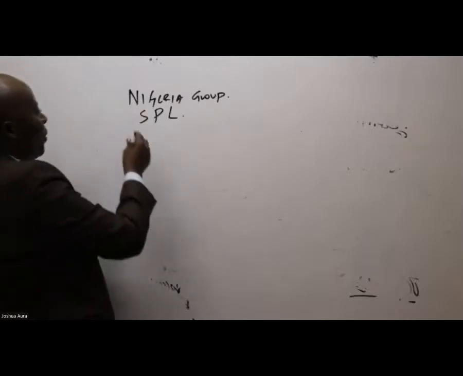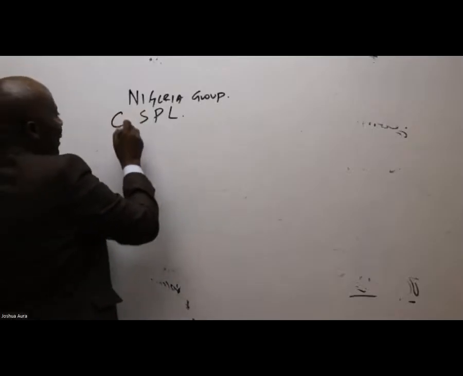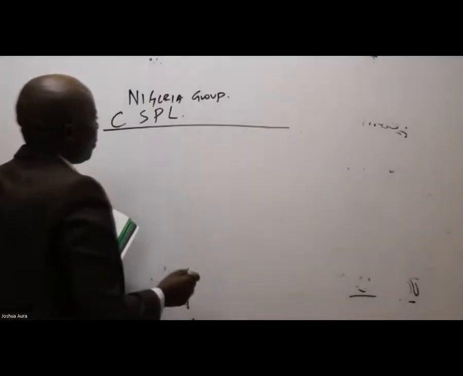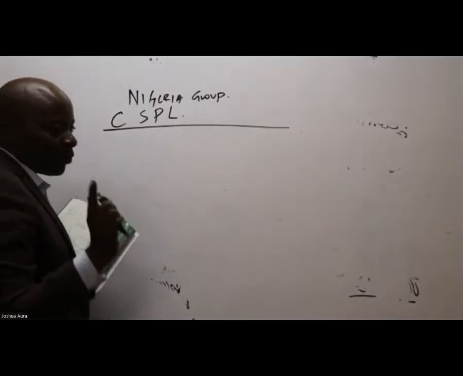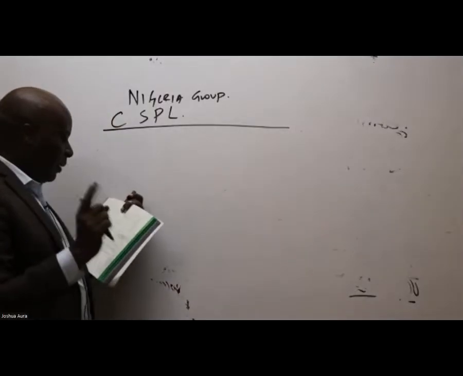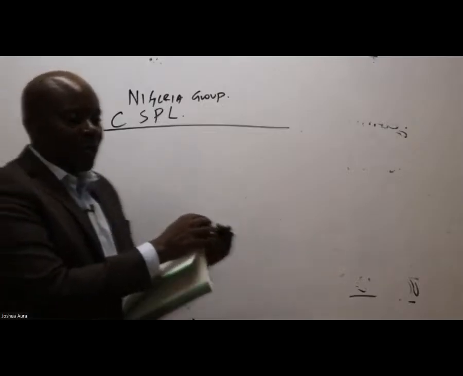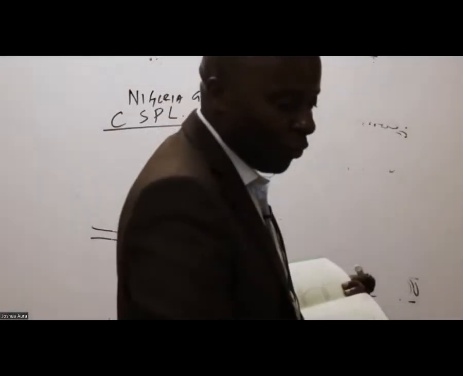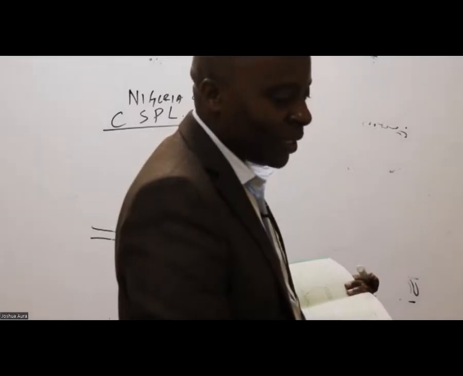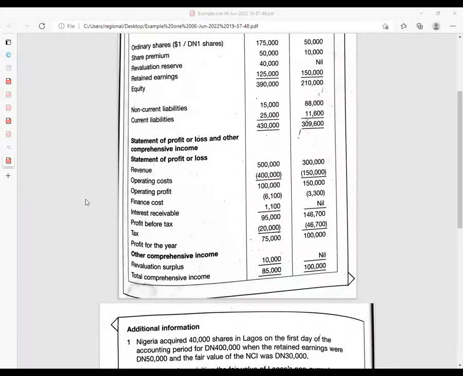Remember, this is the consolidated statement of profit or loss at the end of the year, and we stayed with this for a whole year, so you're not going to do any time apportionment. You start with the pro forma as usual. Always start with the pro forma. That structure itself will end up giving you a lot of marks without knowing what you're doing.